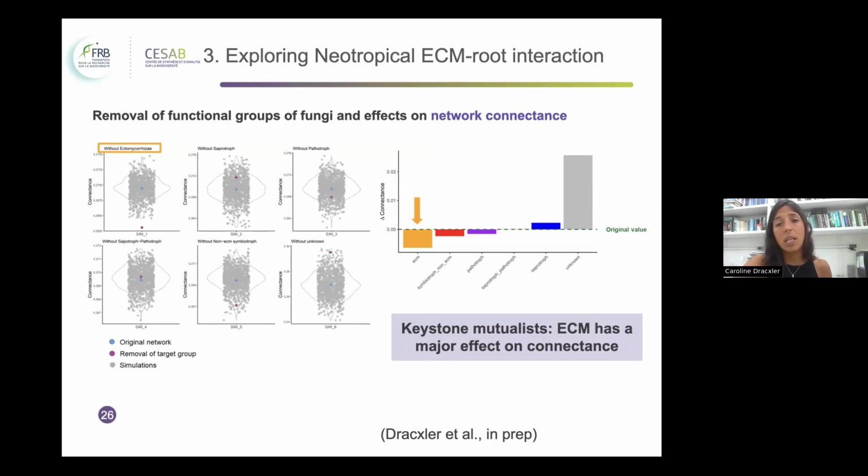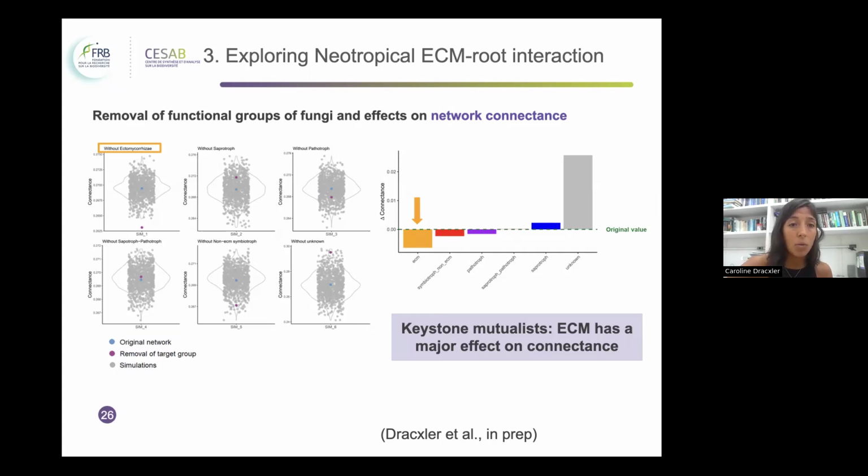And when we ran the simulations to assess the effects of functional groups on the network connectance, what is very interesting here is that, maybe you could focus on the graph on the right, we can see the change, so the delta connectance, of how removing each functional group changed the connectance of the original network.